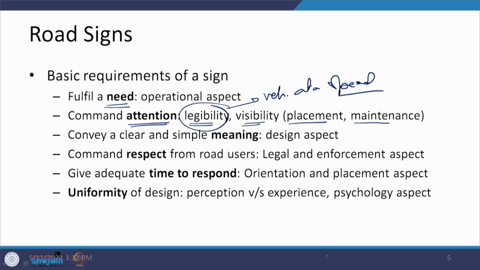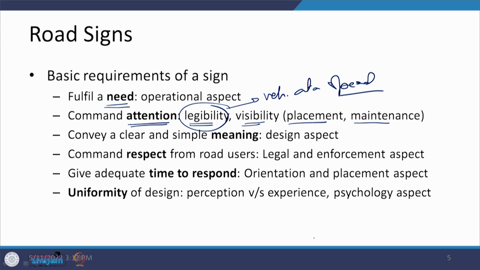So, we need to see the placement, we need to see the maintenance of those particular signs, and at the same time we have to ensure that the signs are readable when the vehicles are moving at speed. The vehicles may be moving at a speed of 30 kilometers per hour, they may be moving at a speed of 100 kilometers per hour. In both of these conditions, the same sign probably is not going to work, and that is where we have to take care of it.